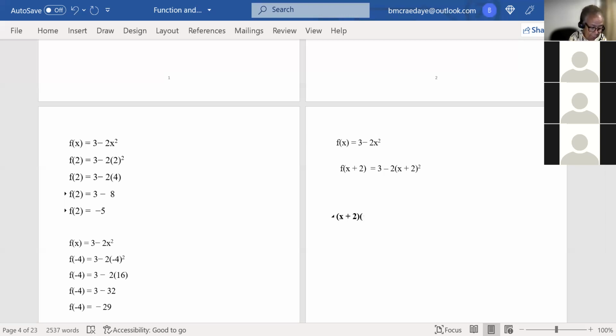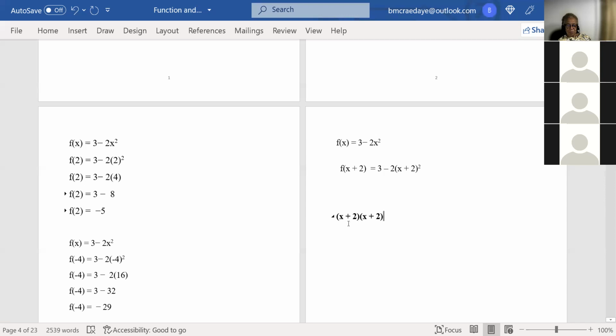So that's X plus 2. So it's not X squared to the fourth?